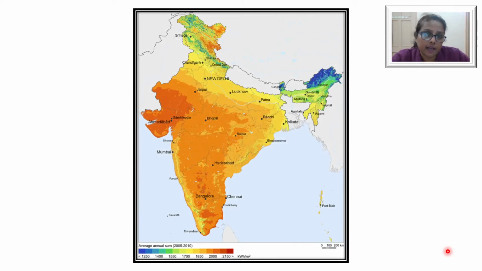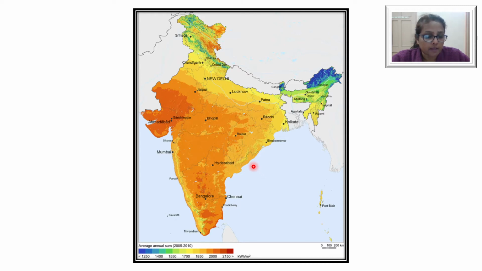Now, as far as the climatic conditions of the tropical monsoon region are concerned, during the summer, the average temperature varies between 27 degrees to 30 degrees centigrade in the coastal areas. However, they have a more equable climate in the coastal regions.